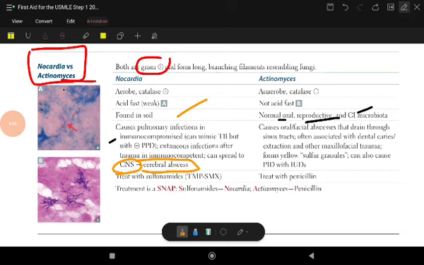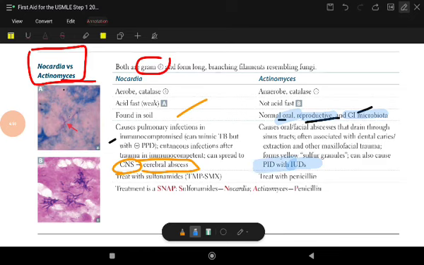Whereas if you talk about Actinomyces, it is very simple, because it is present in our normal oral, reproductive, and GIT microbiota. Now, related to reproductive, for example, a patient who uses intrauterine devices can get PID, that is pelvic inflammatory disease, from this Actinomyces.